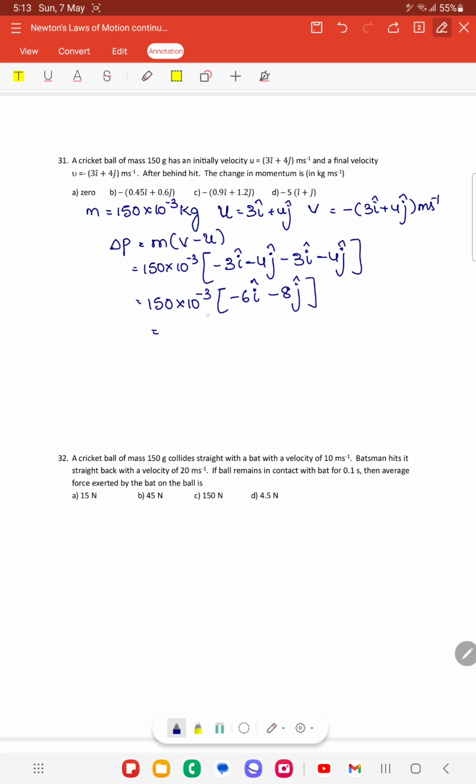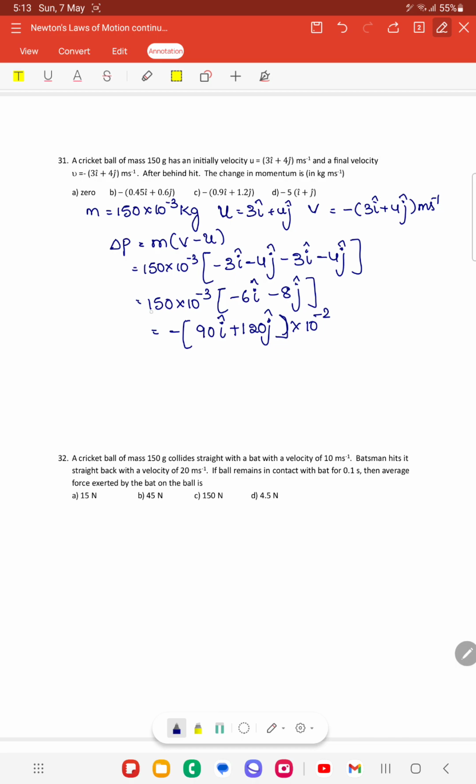We can write this as minus of 90 i cap plus 120 j cap into 10 raised to minus 2.